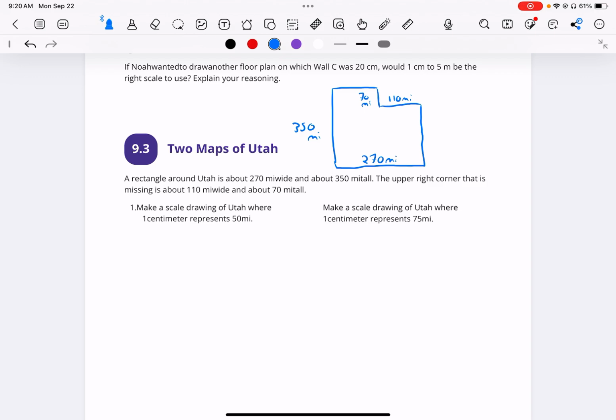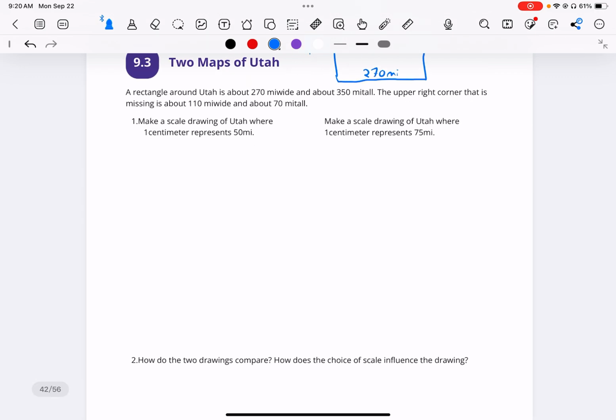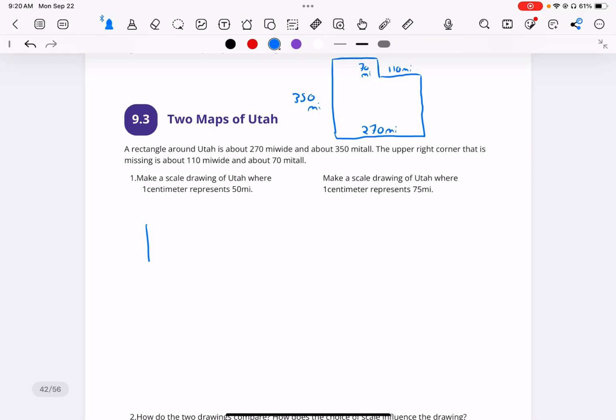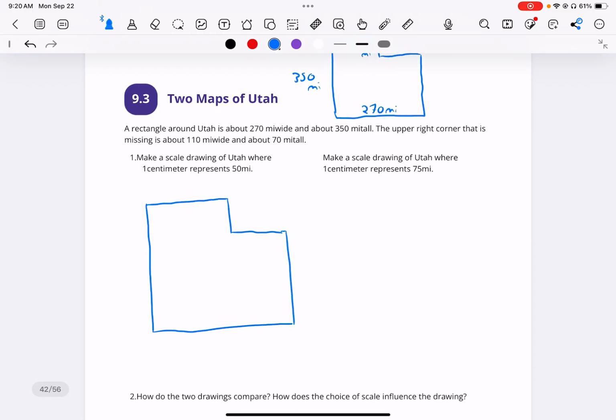We want to make a scale drawing where 1 centimeter equals 50 miles. So we know it should look the same way. We can use a ruler to measure it out. But to determine my numbers, I'm just going to take the 350 miles and divide it by the 50 to determine how tall it should be.